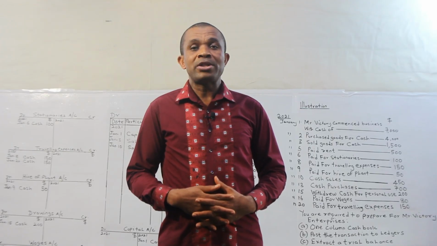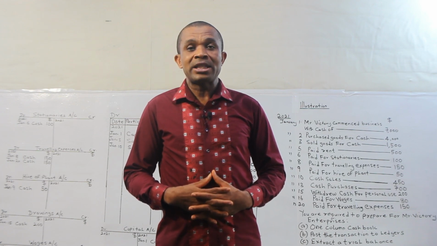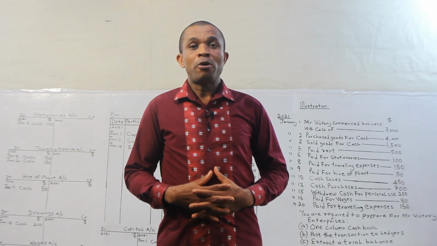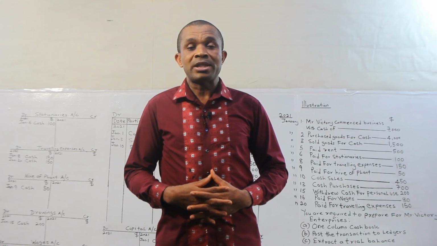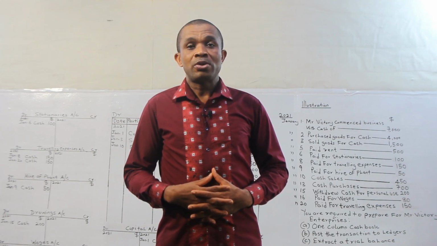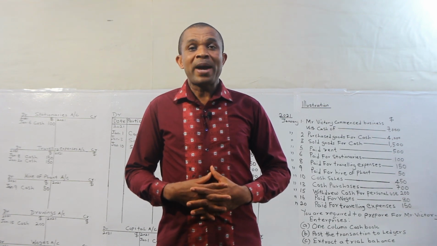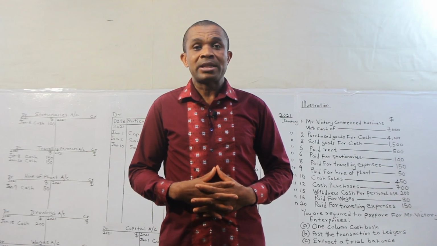Now the question requires us to open a one-column cash book, that is cash account, for Mr. Victory Enterprises and post the transactions to the various ledgers. We have done that now, and the part of the equation that remains is to extract a trial balance.